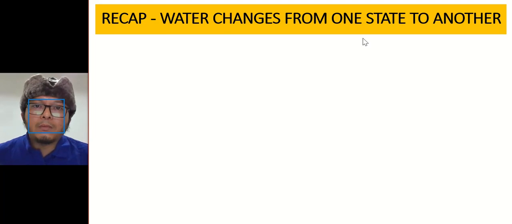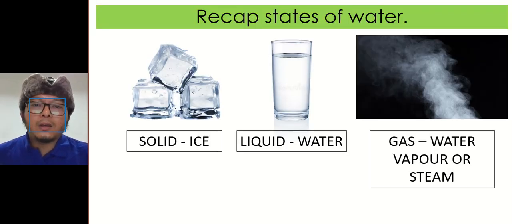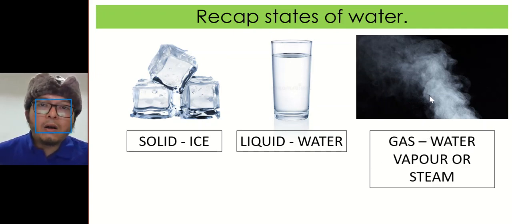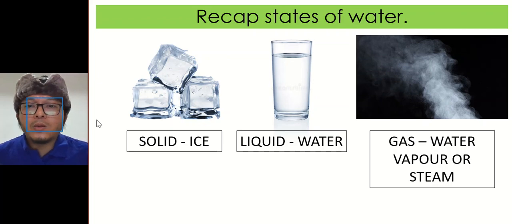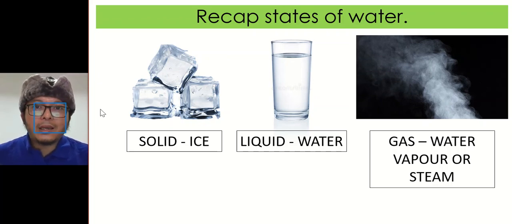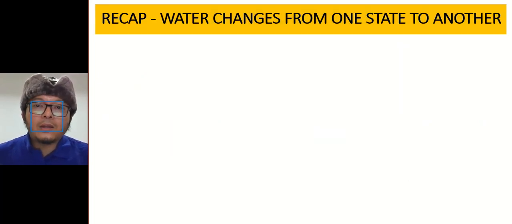Now let me remind you, there are a few processes for water to change from one state to another. Here water can change from solid to liquid to gas, or from gas to liquid to solid. Yes, they can. So what are the processes?